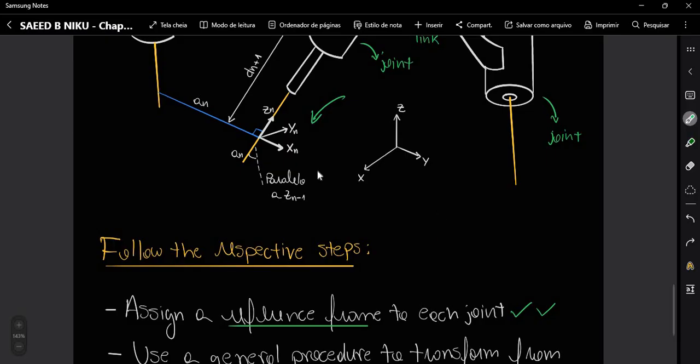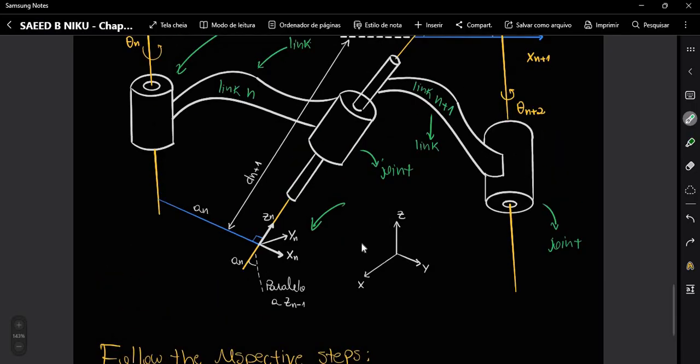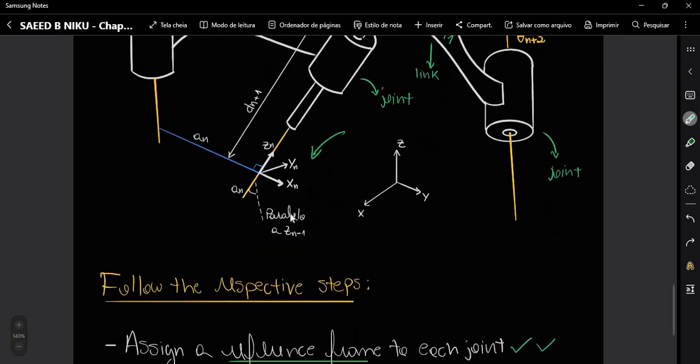Although for moving frames like in the end effector, we were using the designations of this reference frame, which is the moving frame, NOA.